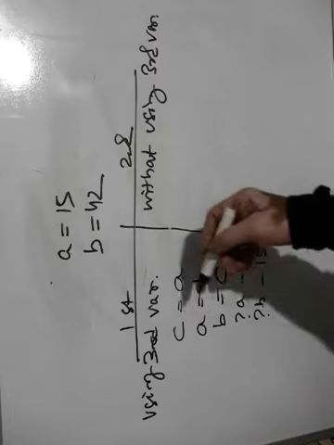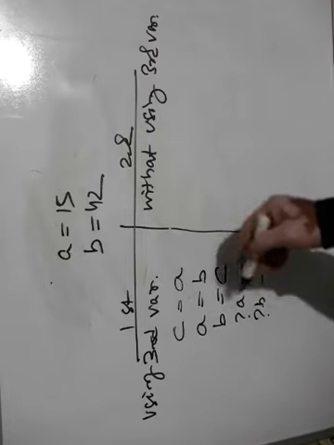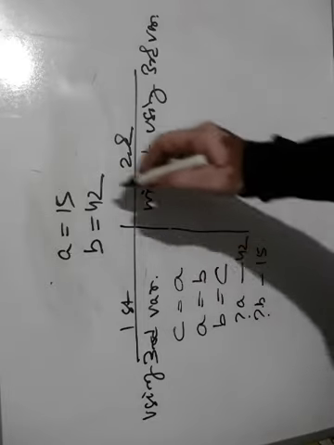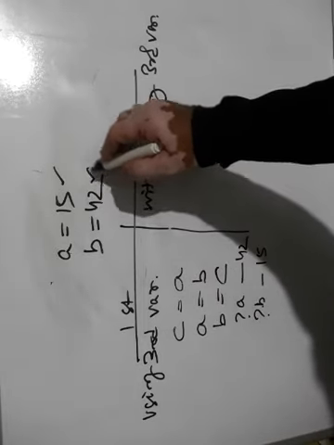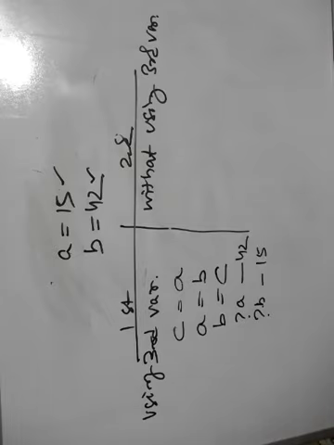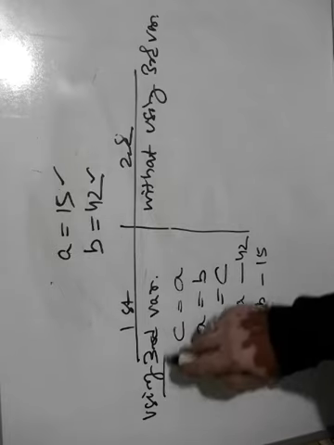Before using this concept, A was 15 and B was 42. But after it gets swapped successfully using a third variable, the value of A becomes 42 and B becomes 15. So this is the concept of swap using a third variable.